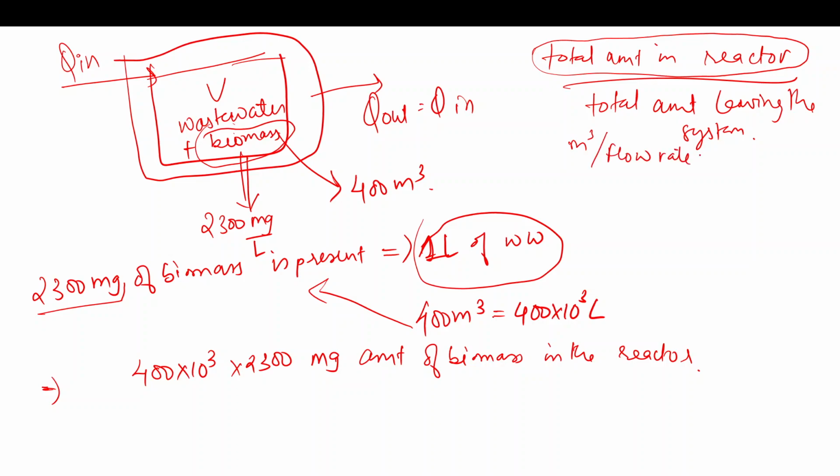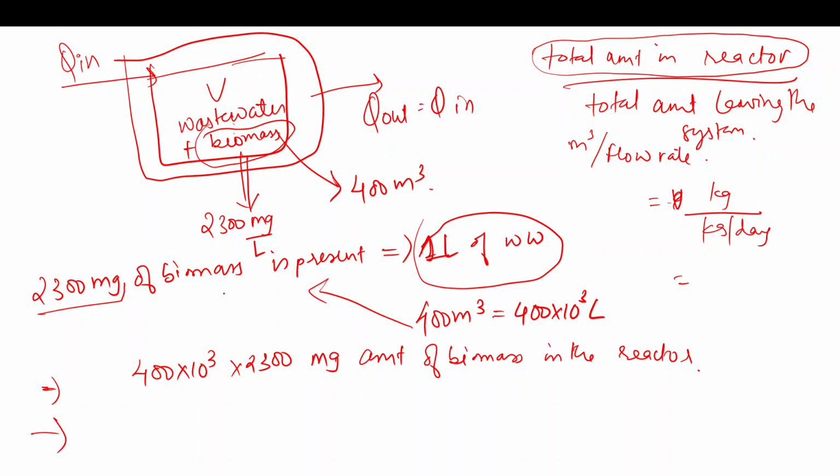So similarly, if you want to calculate the retention time of microbes, the amount present is the total amount in the reactor. It will be in some mass unit like kg, and the amount of mass leaving should be kg per day. So this is how you calculate the rate, okay.